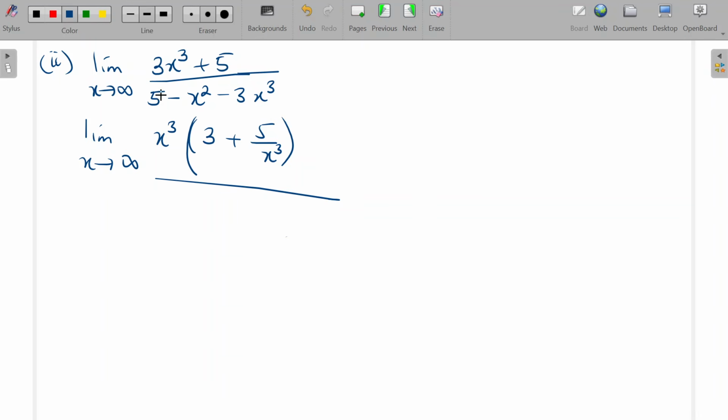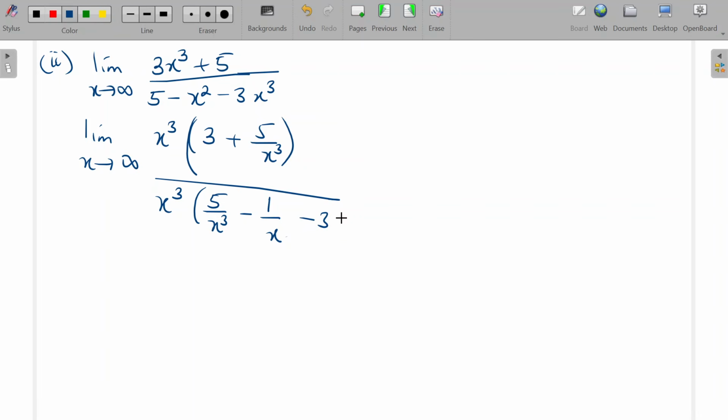It's a symbol. Then here again, you remove the x to the power 3. Then you start dividing here. Okay? X to the power 3 into this, it will give you 5 over x to the power 3. This one will give you minus 1 over x. Then this one, here it's going to give you minus 3.